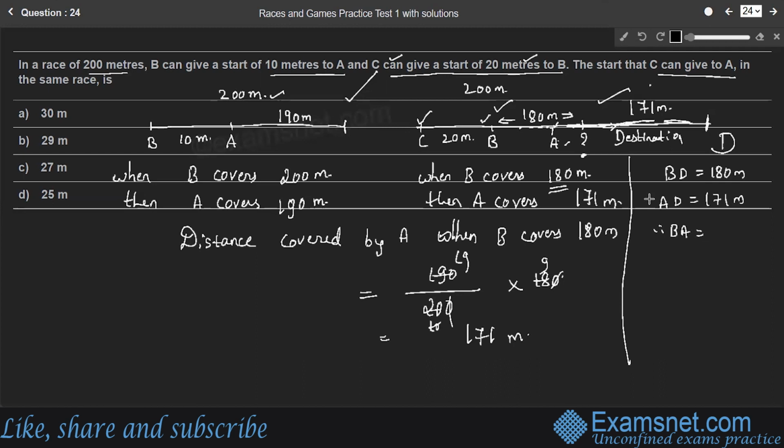This distance is 180 minus 171, which is 9 meter of start was given to A by B. Here the question is the start that C can give to A, which is 20 meter plus 9 meter.